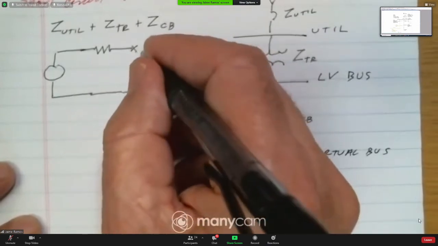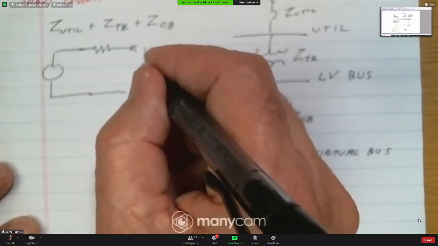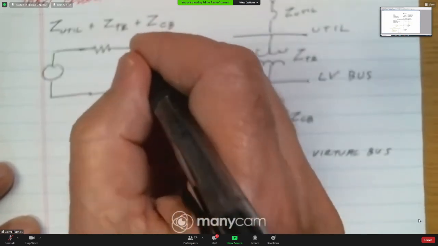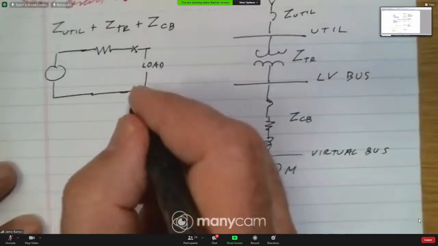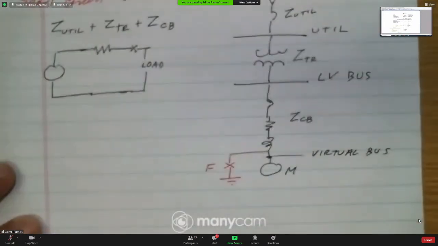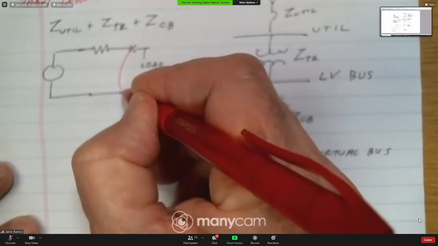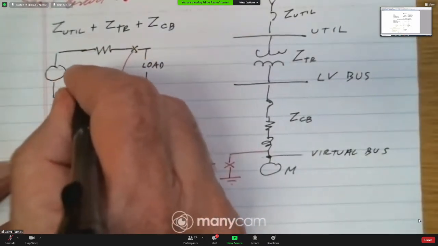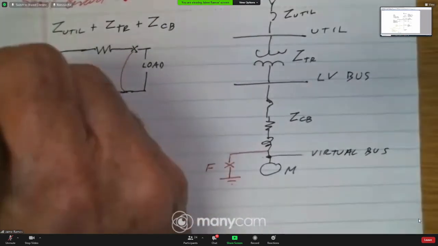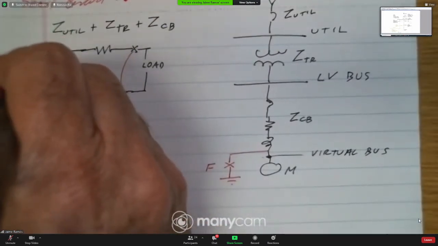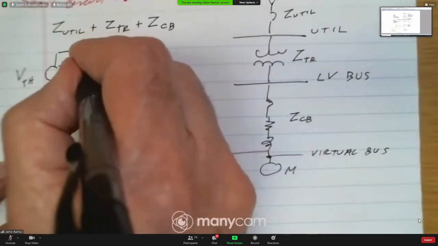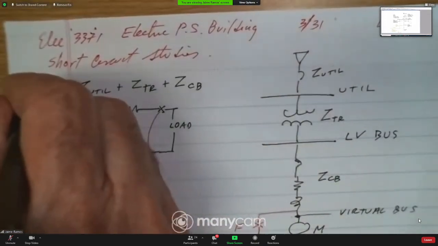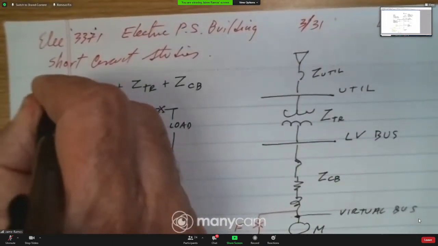And here is the load, the motor, at the end. And then we short circuit here. The idea is to calculate the short circuit current. This is the V Thevenin, and this is the Z Thevenin. The Z Thevenin is all that sum.